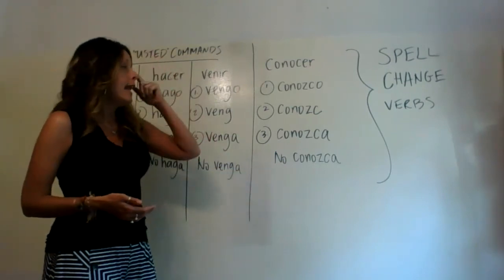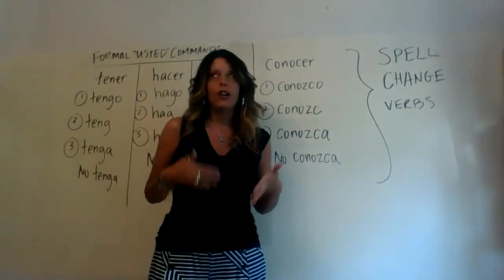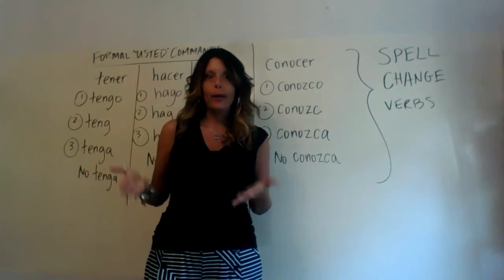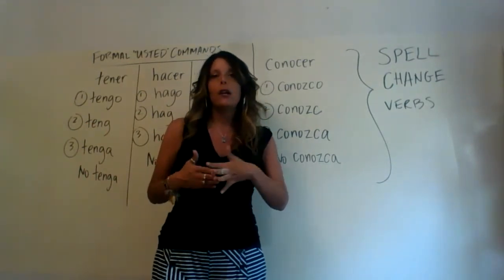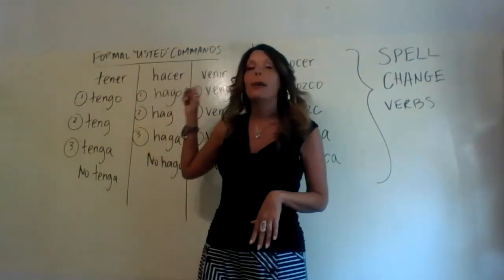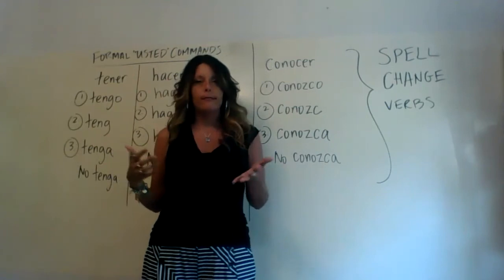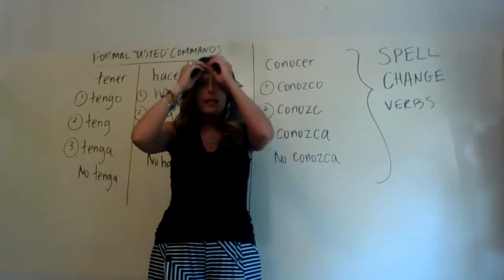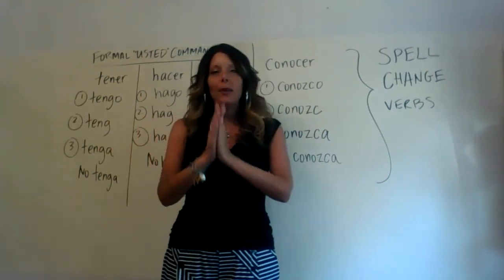So that is spell change verbs, or spelling change verbs, or spell changing verbs. The big thing to remember with this type of verb, with formal usted commands, and then with other things coming up later on in your language acquisition process, is that we don't skip any steps.